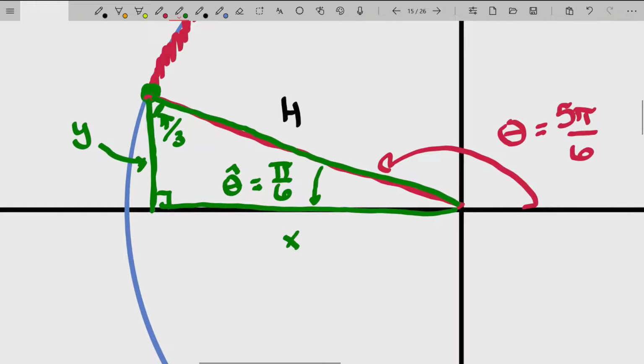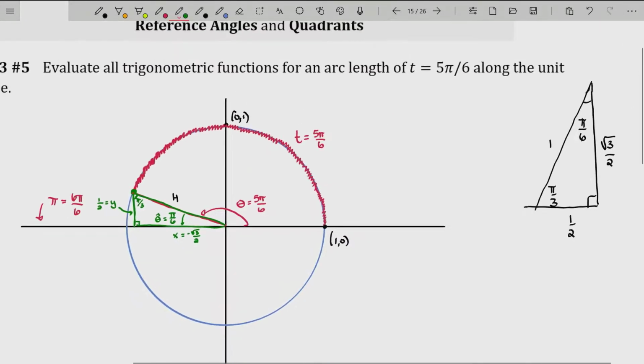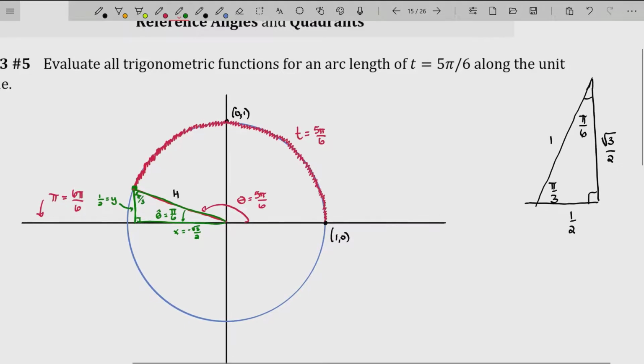So x must be negative, because you're in quadrant 2, a negative root 3 over 2. And the y value, again, because you're in quadrant 2, must be a positive 1/2. And that is from our special triangle.